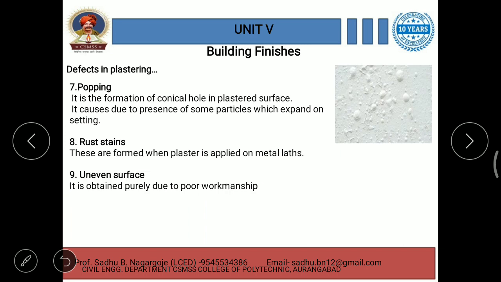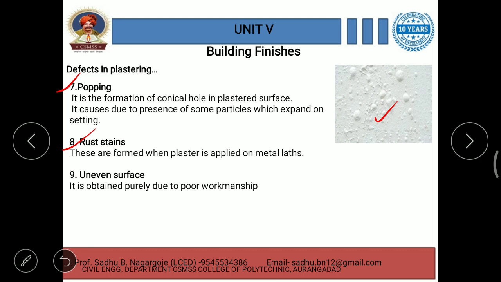The next defect is popping. It is the formation of conical holes in plastered surface, and it is caused due to presence of some particles which expand on setting. Rustication: these are formed when plaster is applied on metal laths.